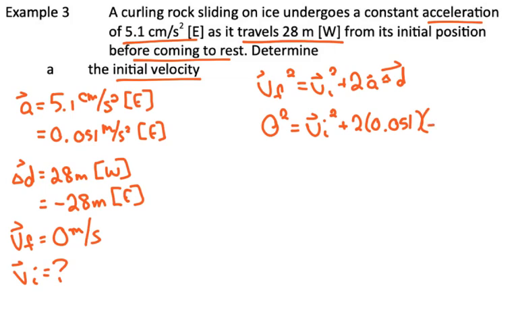Delta D is negative 28. Working this out, 0 squared is 0. VI squared, we don't know. 2 times 0.051 times negative 28 would give us minus 2.856. We can add 2.856 to both sides.